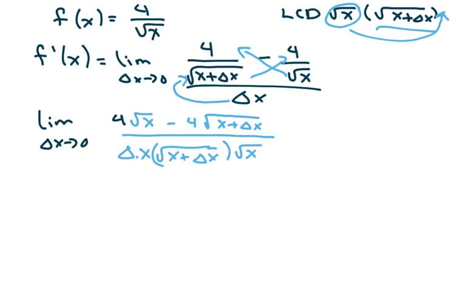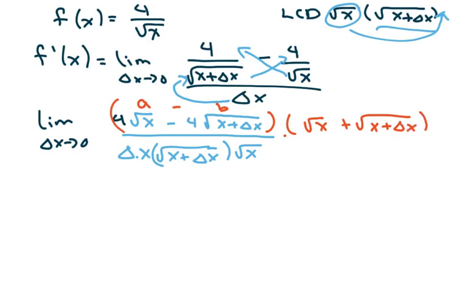Now, when you have that, what we have again is what we had in the first problem. We have this a minus b scenario. So I'm going to multiply it by the conjugate, which is going to be, I don't need to put the 4's in. I'm just going to put square root of x plus square root of x plus delta x.